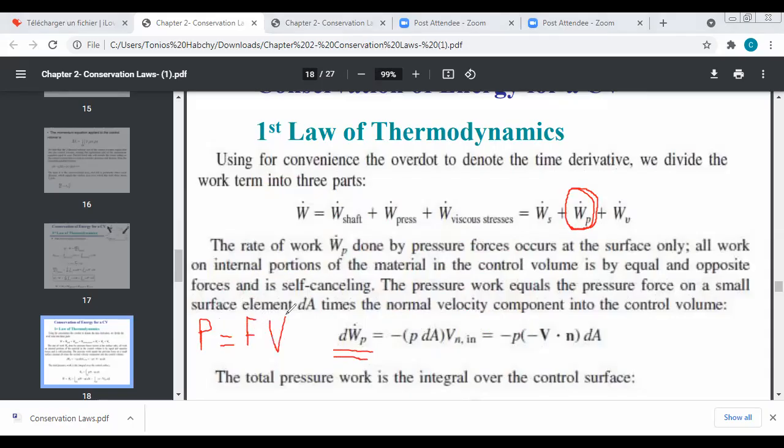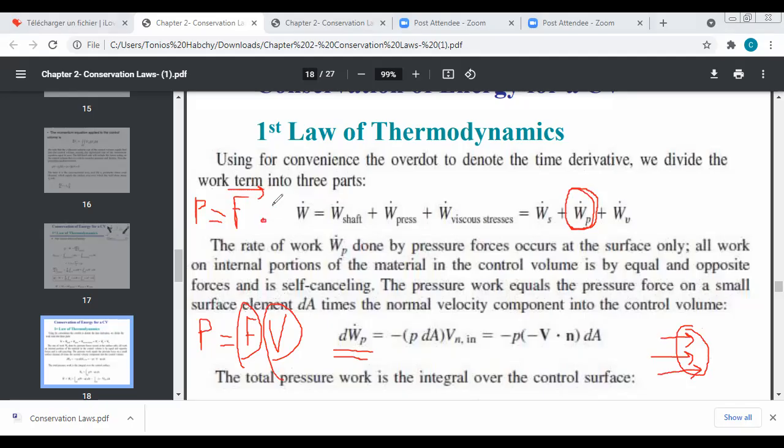So if I consider any surface that is subjected to pressure forces, and I want to determine the rate of work of pressure forces, all I have to do is take the pressure forces and multiply them by the velocity. Since this is a dot product, the power is defined as F dot V.